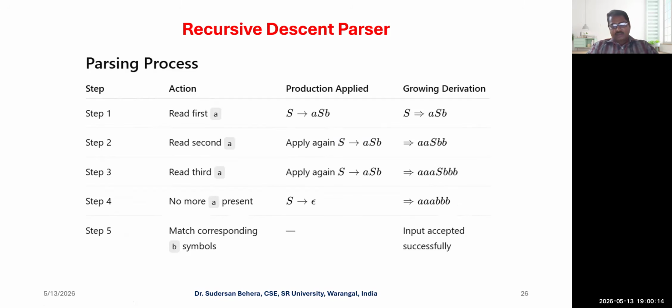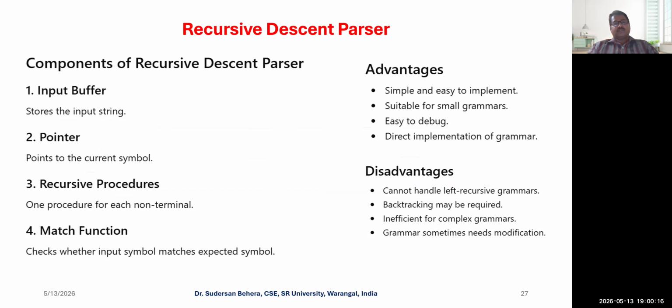So this is the way the recursive descent parser works. What are its components? One is the input buffer, where the input is initially stored, then a pointer pointing to the input buffer, and one procedure for each non-terminal, because it is a recursive procedure. There is also a match function, which tries to match what is in the input buffer with the sentence generated by the grammar.